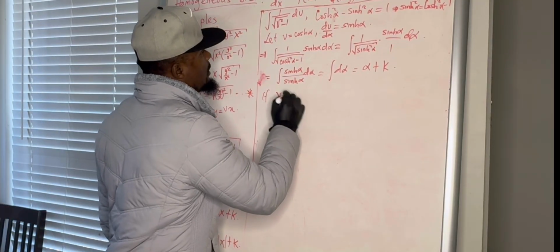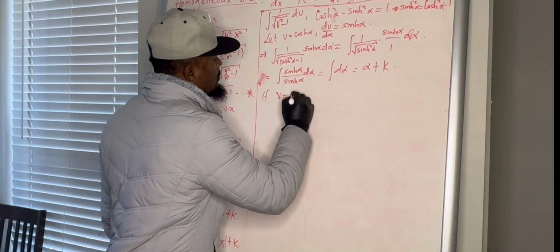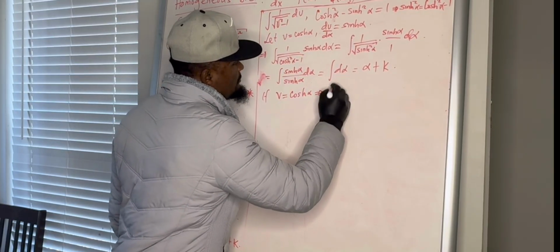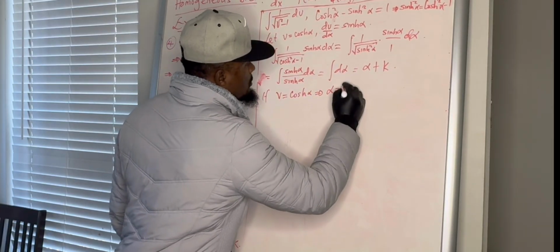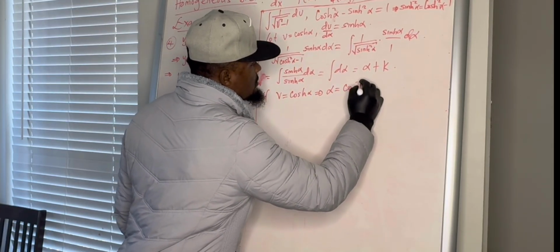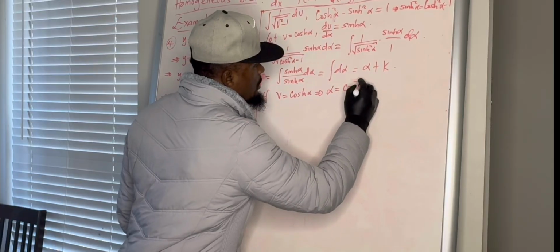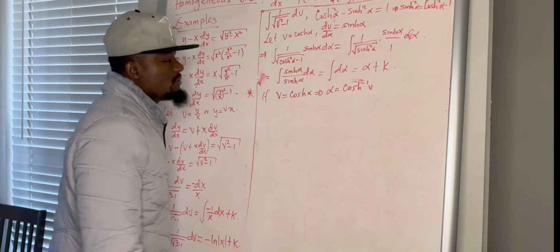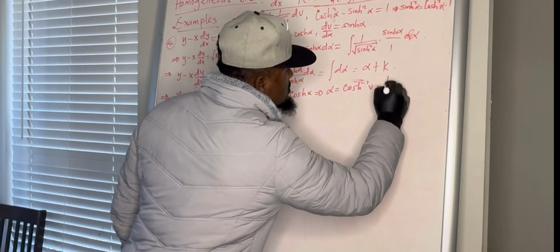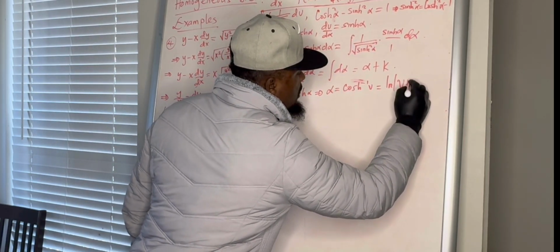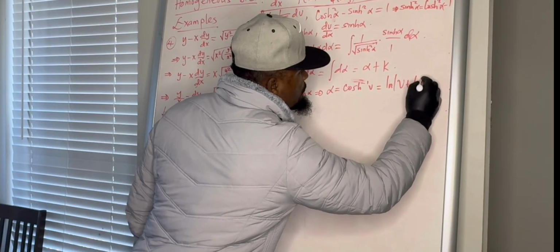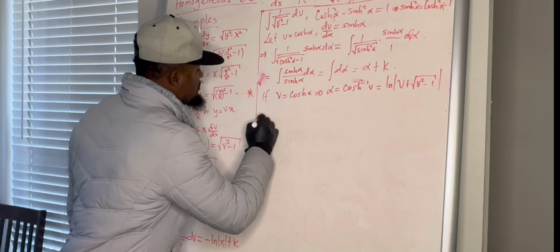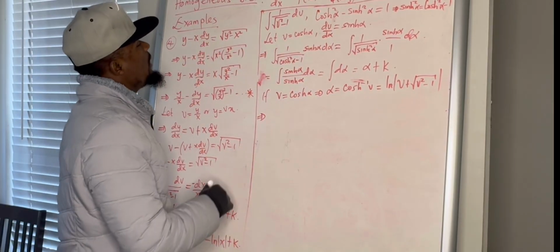If v is equal to cosh alpha, what does that mean? It means alpha is equal to cosh inverse of v. In hyperbolic functions, cosh inverse of v is ln the absolute value of v plus the square root of v squared minus 1. So it means I can go ahead and substitute.